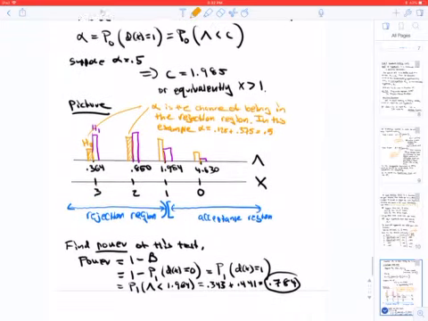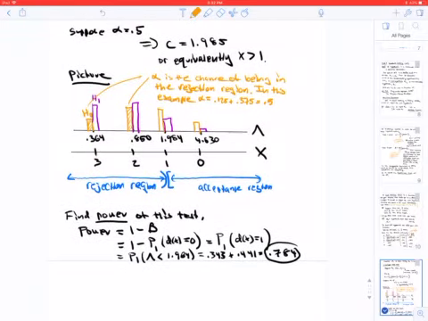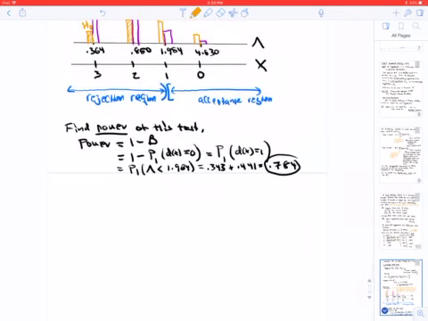So here I can just make a picture if that's helpful to you. Here I show in orange the null distribution, and in purple the alternative distribution. So you can see their ratios by how relatively high one is to the other. And so we have a rejection region and an acceptance region as shown here.